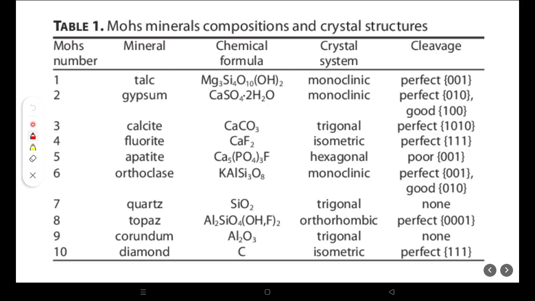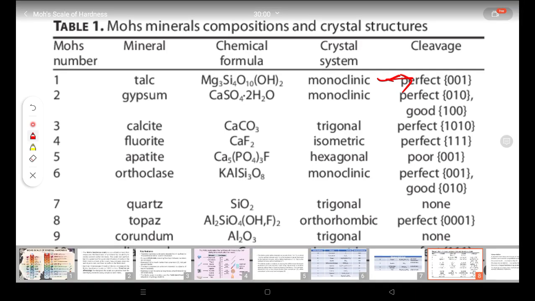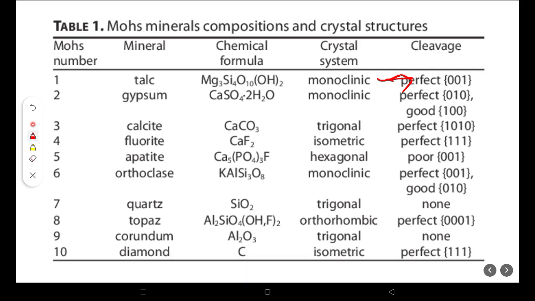And then some other important information about the scale. Talc has a monoclinic crystal system and perfect cleavage, and gypsum is also monoclinic, and this is their cleavage. Calcite is trigonal, fluorite isometric, apatite hexagonal, orthoclase monoclinic, and quartz trigonal.